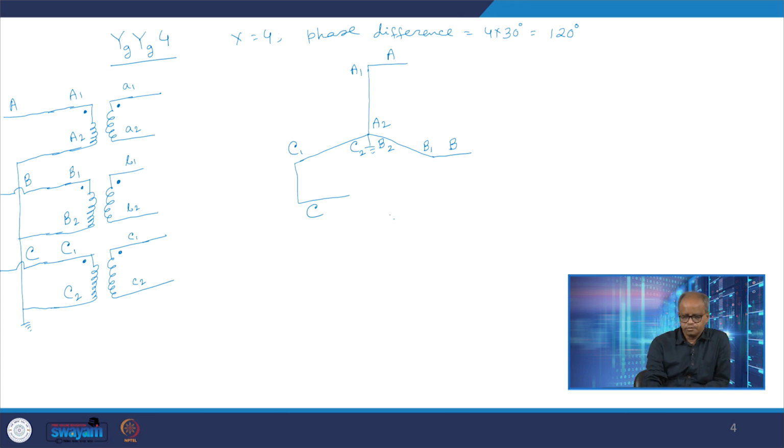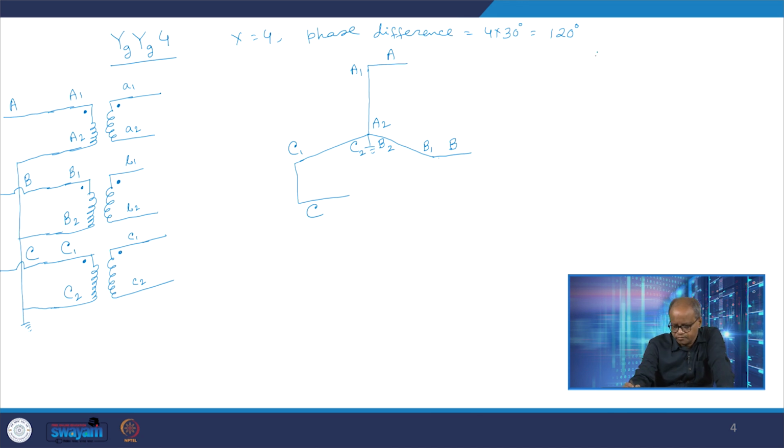Here again we have reflected the same terminal marking. So here A2 B2 C2 are tied together and grounded, and from A1 we have taken phase A, from capital B1 terminal we have taken phase B, and from capital C1 terminal phase C. That is exactly what we have done.